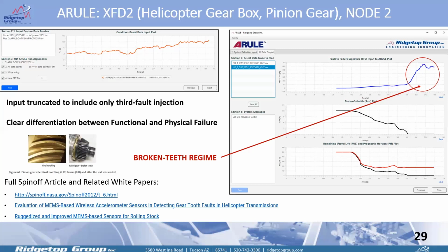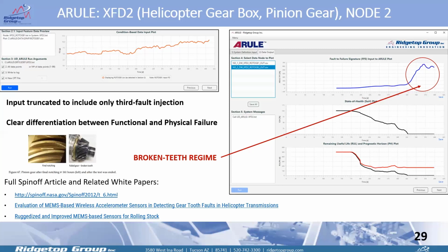One of the things about prognostic health management is you should not run to failure, even though we did it here where we ran into actual failure of the tooth. The gear itself hadn't failed because it was still usable. It was rough, it was noisy, but it was still usable. Sort of like a tire that's half flat.